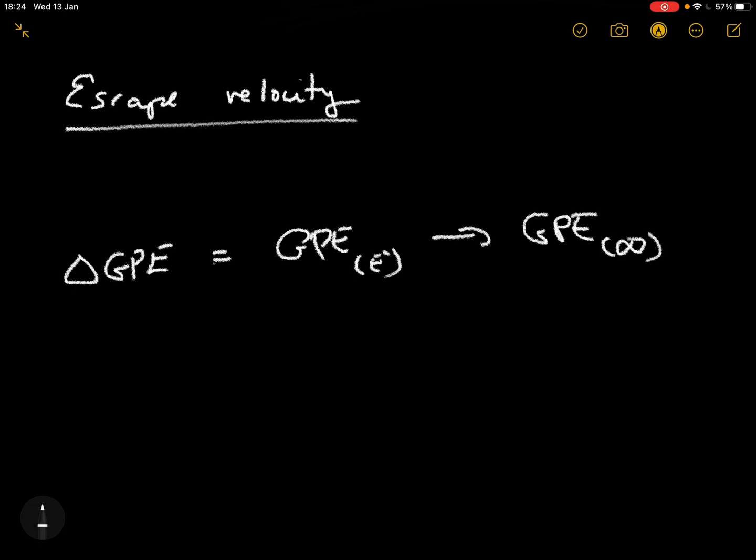And we've said that this term is 0. So what we actually need is the change in GPE, which is G M M over R. We need to give the object this amount of energy in order to leave and never come back.